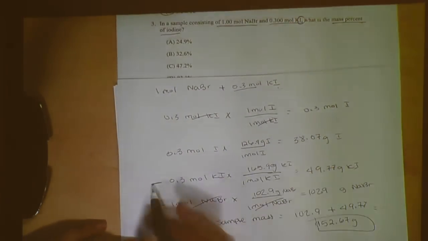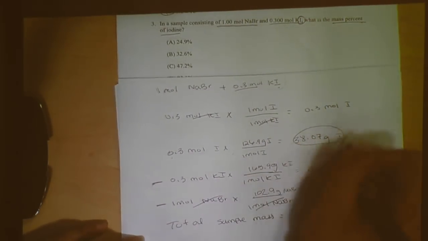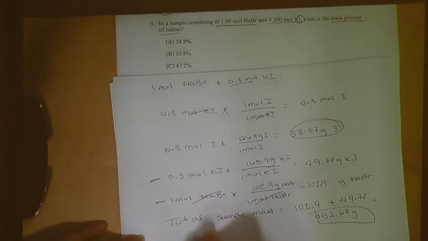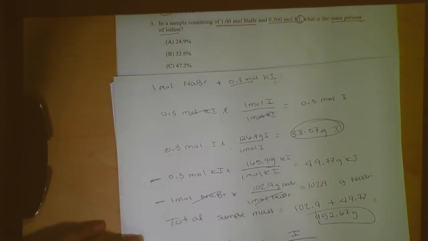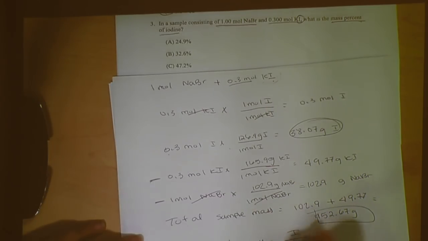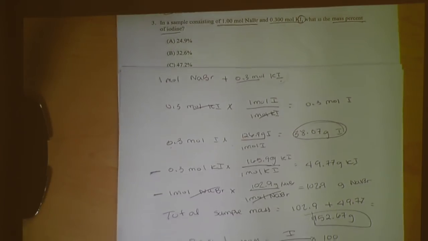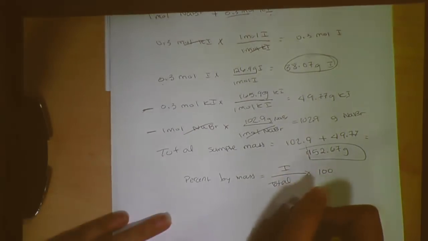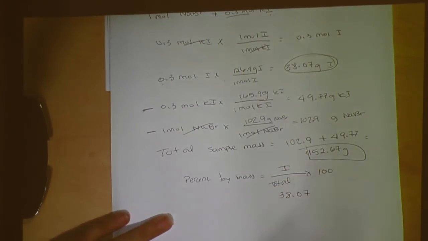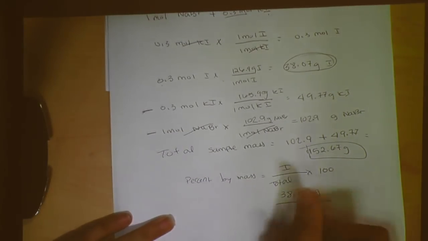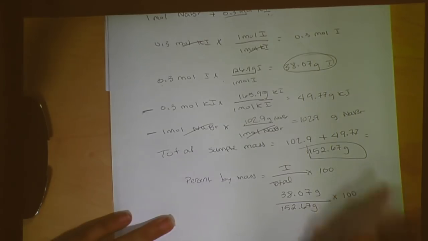And then we said that the grams of iodine that I have is 38.07. So the percent by mass of iodine means that I'm going to say iodine over total times 100. And we said iodine was 38.07 grams, and the total was 152.67 grams, and we're going to multiply that by 100.